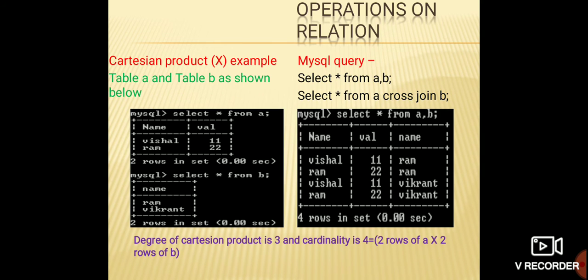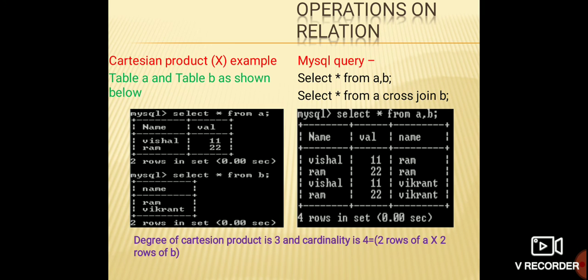You can see the example here, like there are two tables, table A and B, being displayed. Under table A, name and value are there, and in table B only name is there, that is Ram and Vikrant. So each tuple of table 1 will be combined with table 2, and the second data of table 1 also will be combined with table 2. Like Vishal 11 will first be combined with Ram, then Vishal 11 Vikrant.